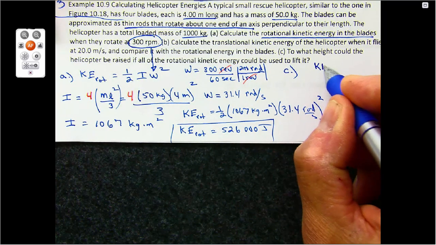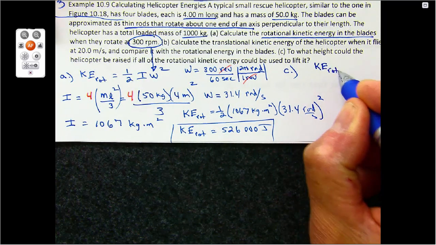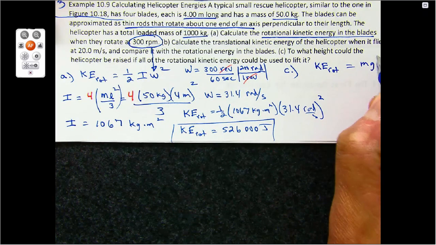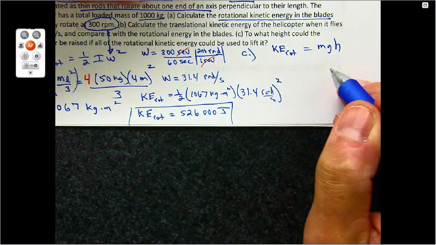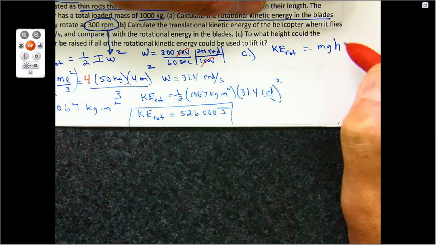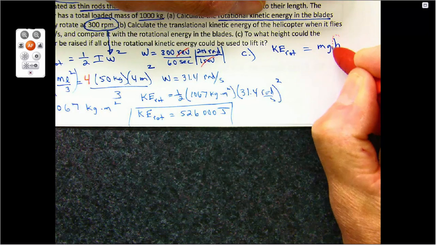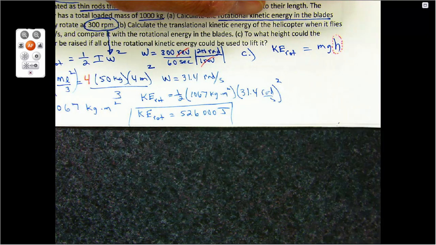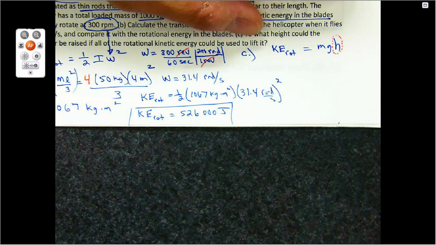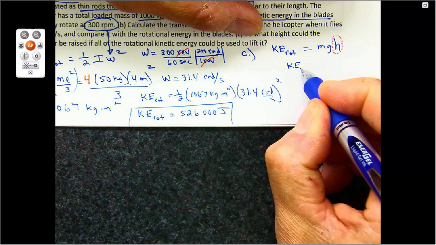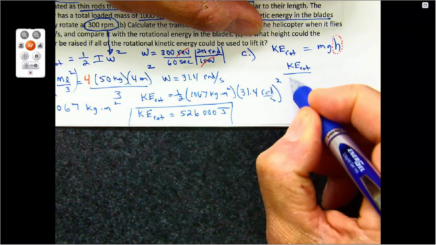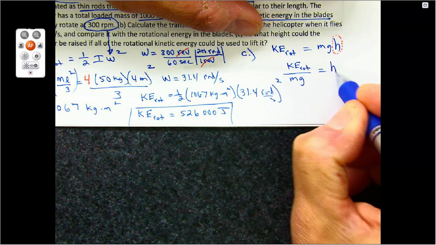So our rotational kinetic energy equal to mgh. And we're looking for height. So it would be our rotational kinetic energy divided by mg should be our h, right?